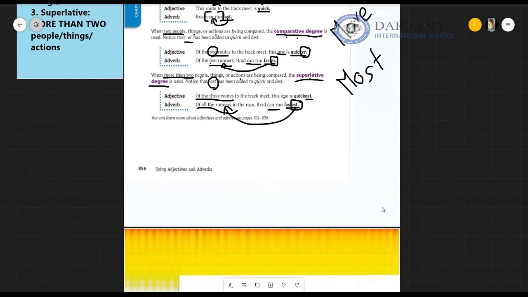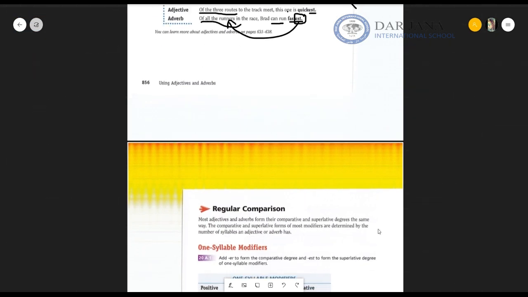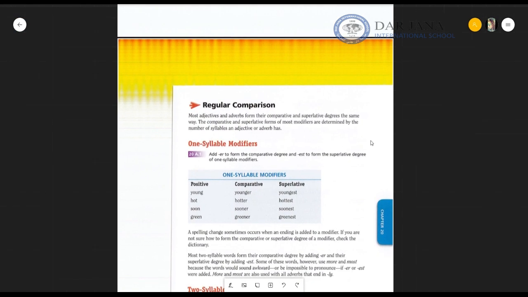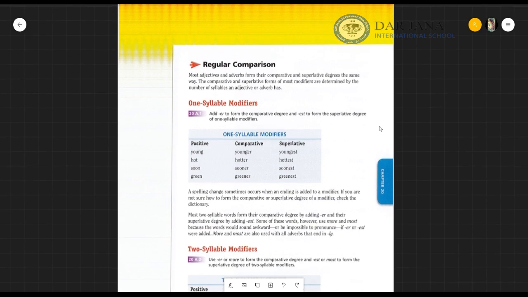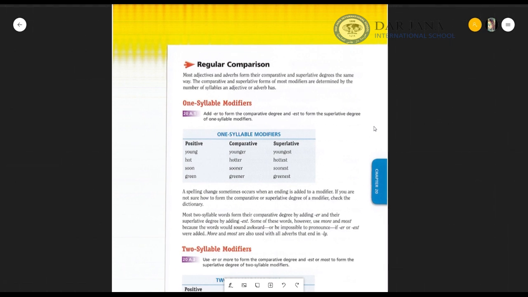Now let's move on to the second part, which is when do I decide to add EST or ER, and when do I add more and most. So this depends on the number of syllables the word is made up of.